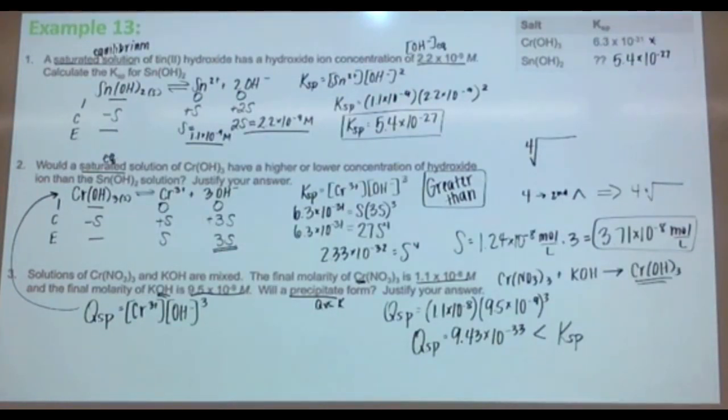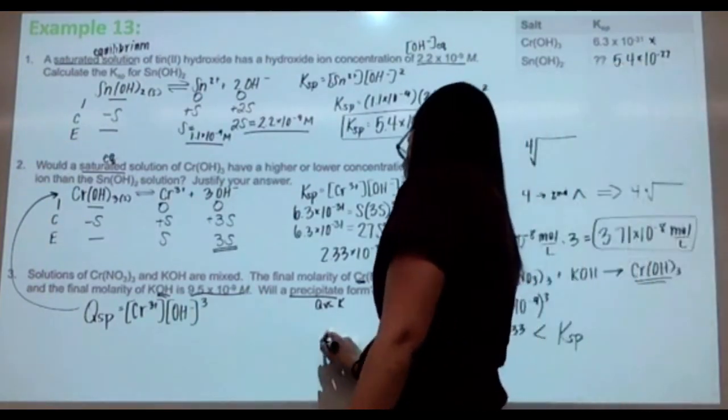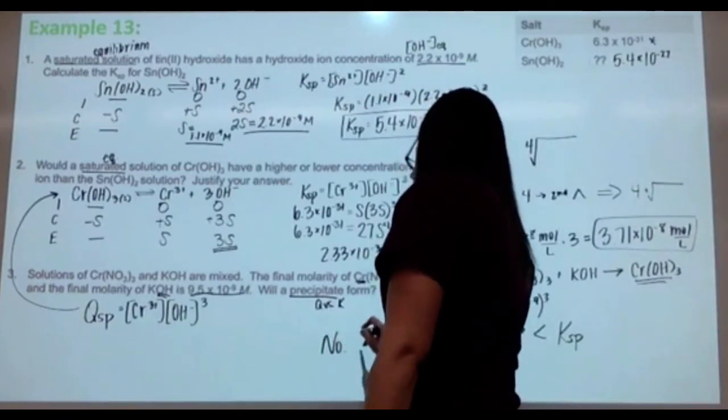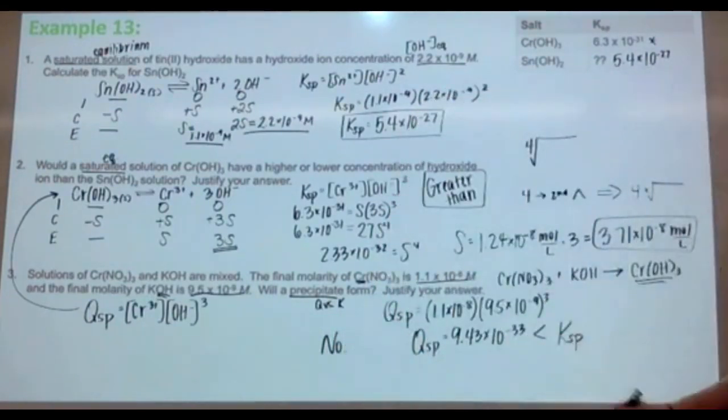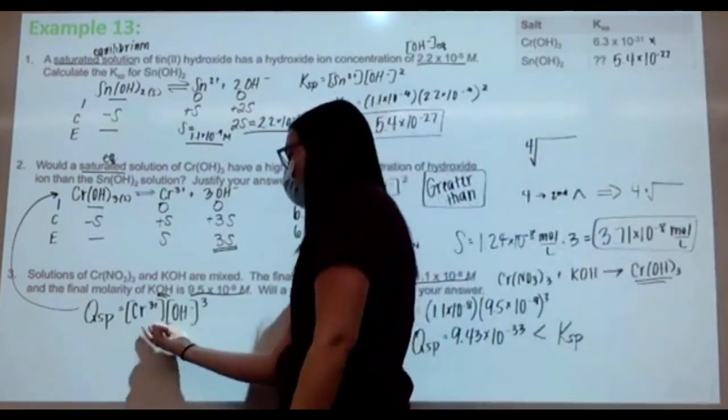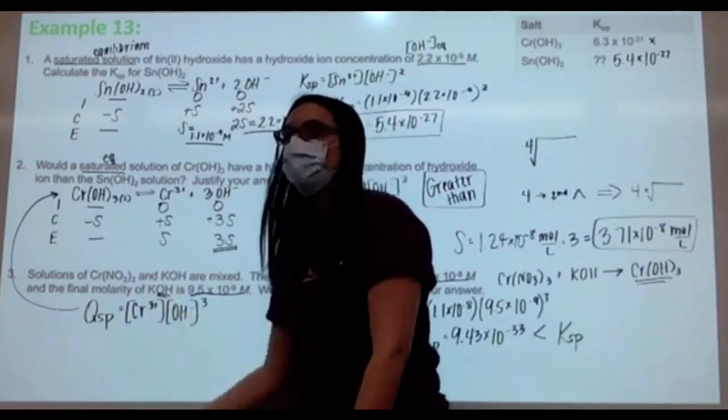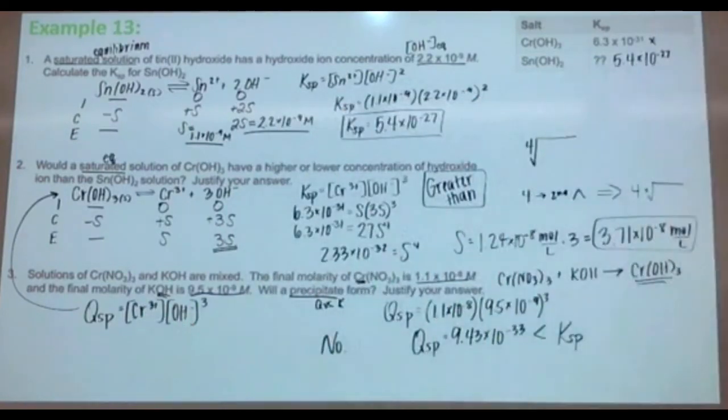In order for a precipitate to form, Q has to be greater than K. So will a precipitate form? No. And here's my justification: because Q is less than K. If Q is less, we don't have enough ions in here. We would need more ions to expect a precipitate to form.